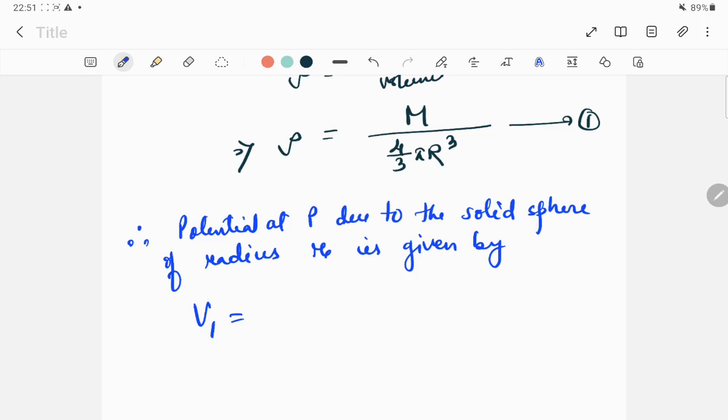If you remember, in case 1 we derived the expression for potential due to a solid sphere at a point either on the surface of the sphere or outside the sphere. That expression was G capital M by small r. So we can simply write it as G into mass by small r.